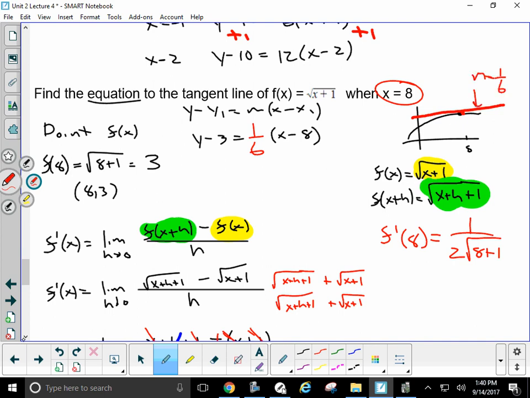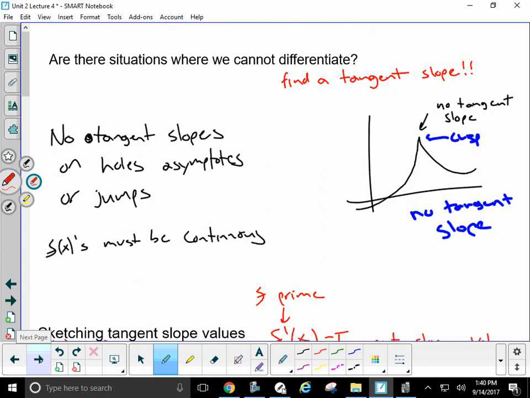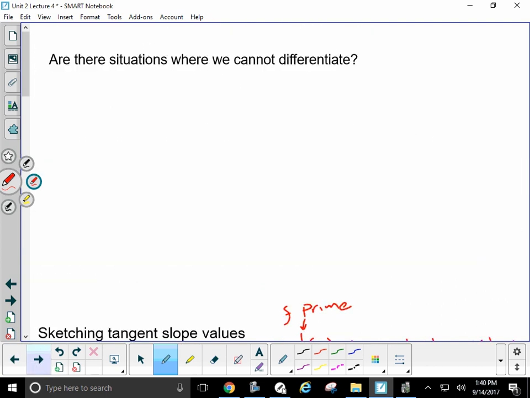Okay? Now, before we leave, we need to talk about, are there situations in which we cannot differentiate? What does it mean to cannot differentiate? That means where we don't have a tangent slope. Don't leave yet. Answer is yes. You must be continuous to have tangent slopes.